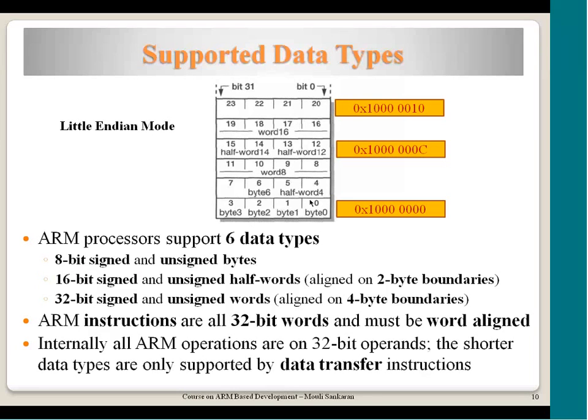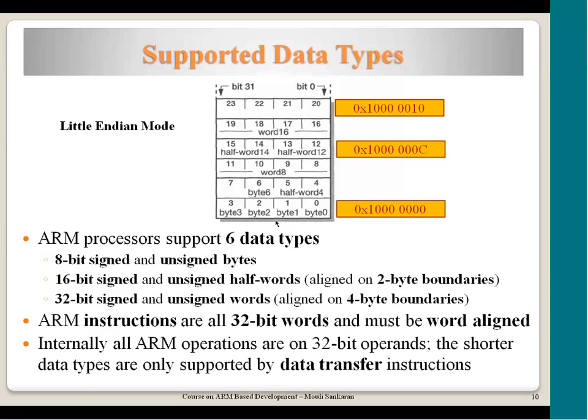That means it could be at a byte address ending with 0, or 1, or 2, or 3. So based on the LSB bits of the address, a particular byte will be picked from the memory and then it will be copied to the LS byte of the register and sign extended or 0 extended, based on whether the user interprets it as a signed value or unsigned value.